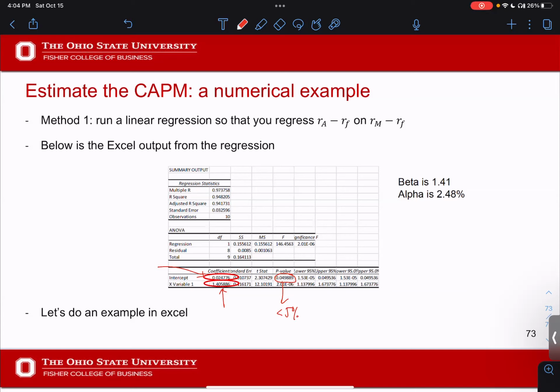It's not good because it's very unlikely according to our 5% threshold. So the p-value is too low. But nevertheless, we estimate the alpha, which is around 2.5%, and the beta around 1.4.